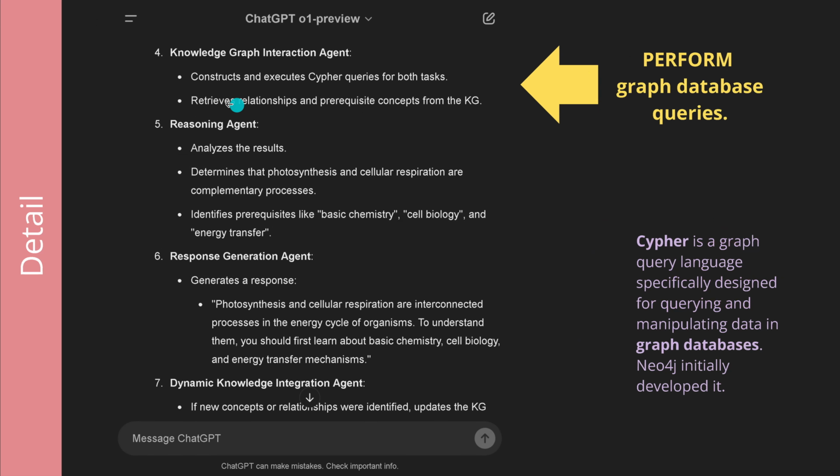And now the knowledge graph interaction agent comes and says, hey, I have a knowledge graph for me. Structured knowledge is available for me. So it now constructs and executes a graph database query, a Cypher query, or a SPARQL query, whatever you have. It doesn't matter what system you're using, for both tasks, 1 and 2.